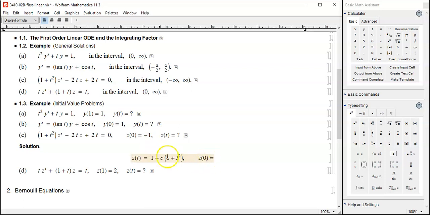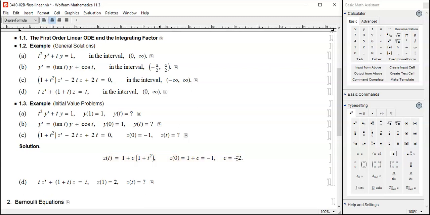Z of 0, plug in z equal to 0, t equal to 0, so I'm going to get 1 plus c times 1 plus 0 squared, so I don't have to do anything here, times 1, still I don't have to do anything here, that's equal to negative 1. I'm getting c equal to negative 2. Did I do this right? Therefore, I'm getting z of t is 1 minus 2 times 1 plus t squared. Does it look good?